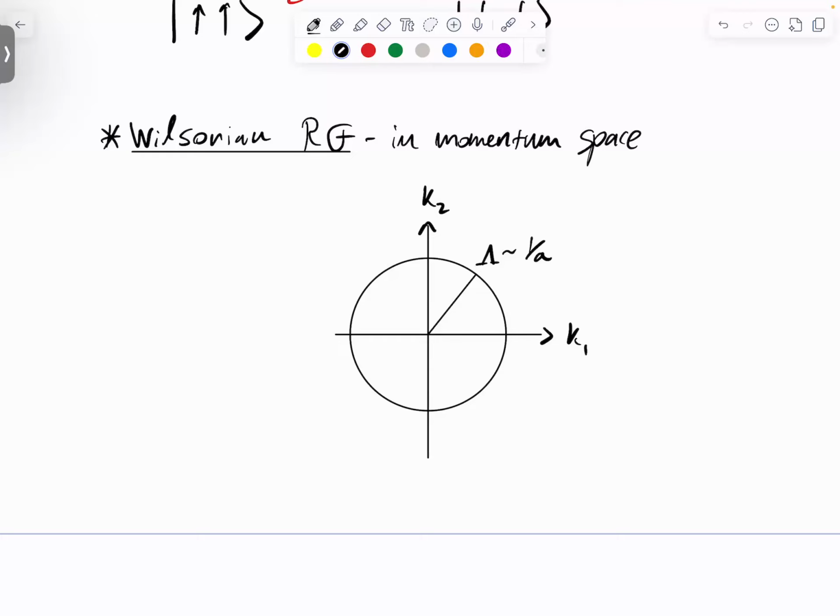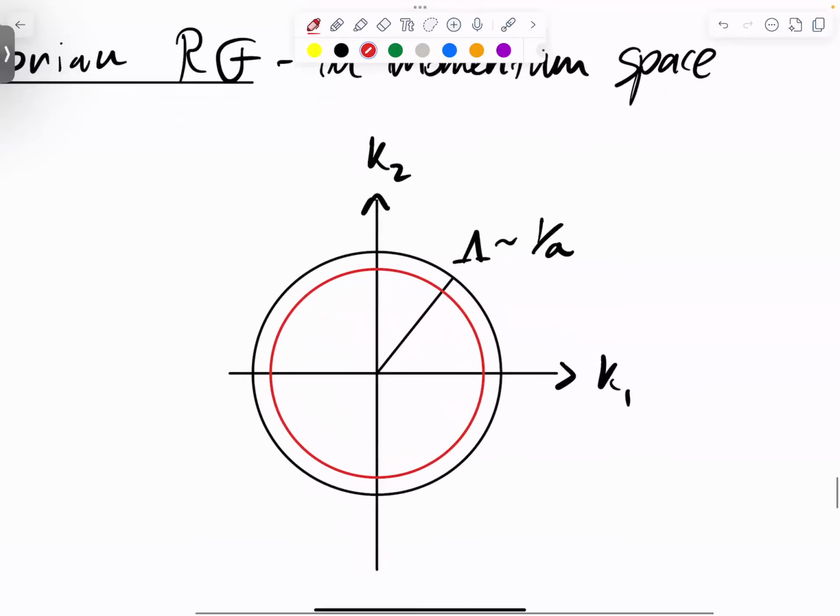And then what we're going to do is something similar to this coarse graining. So how do we do the coarse graining in this case? We define a small ring.